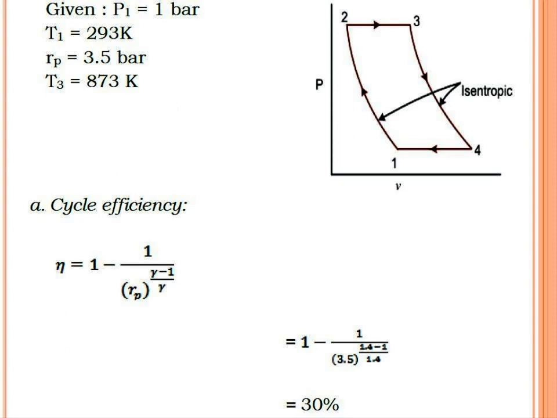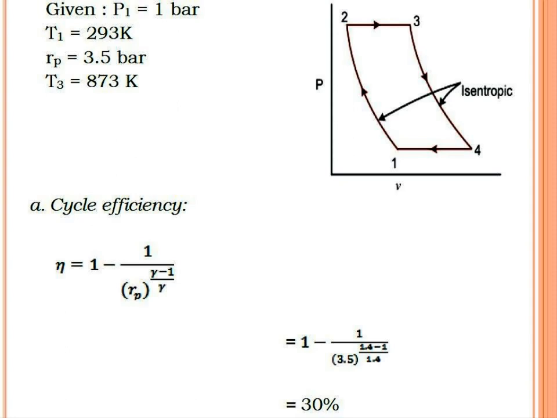The first task is to find the cycle efficiency. You can see the same cycle represented on the PV diagram. So efficiency equals 1 minus 1 upon pressure ratio raised to (gamma minus 1) upon gamma.